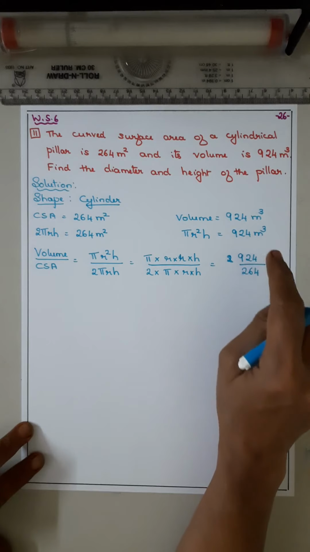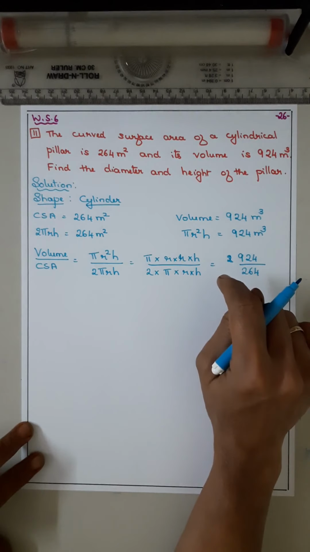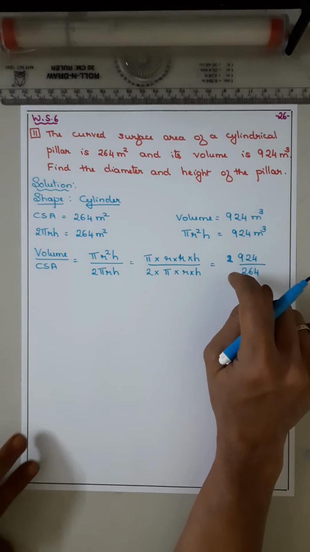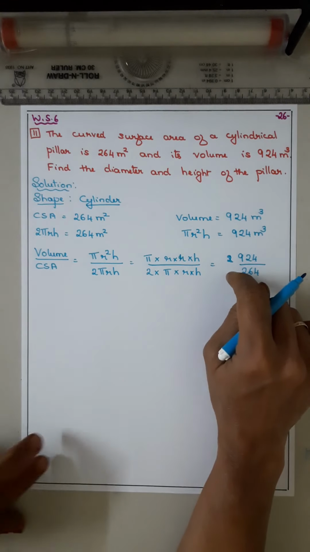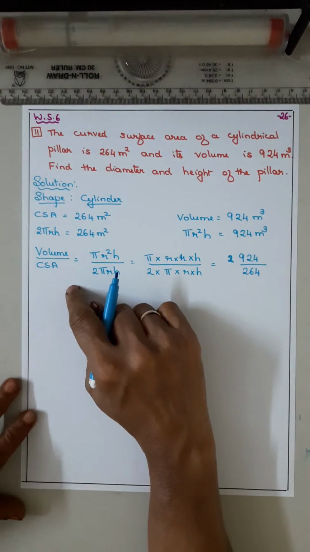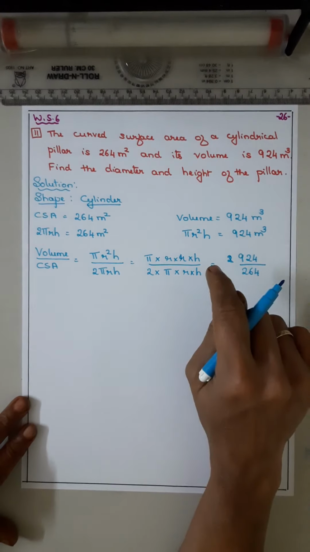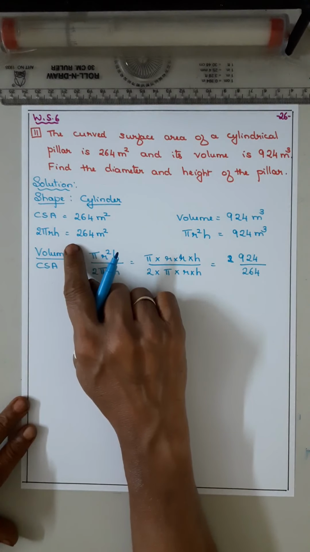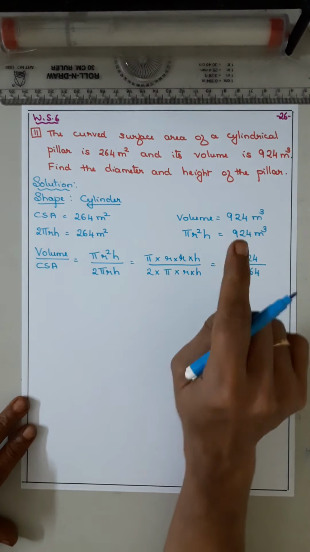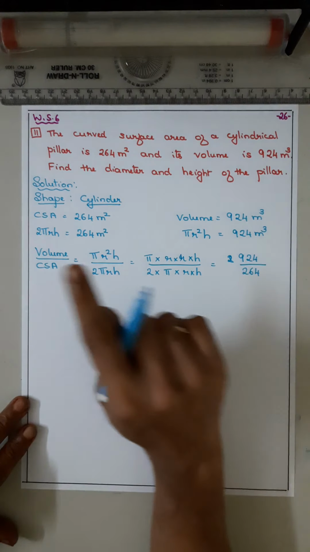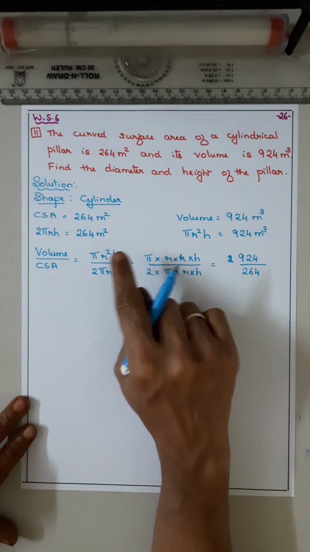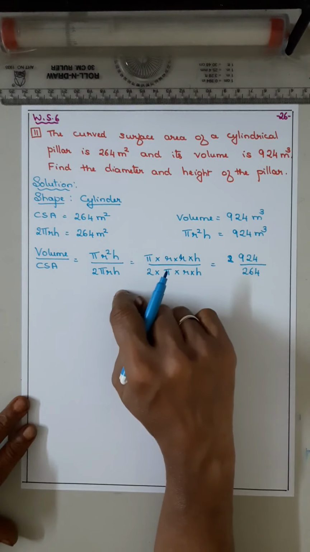Now to find out R, what we are going to do is the volume divided by CSA, because in volume it is R squared, in CSA it is R. So to find out R, we have to do volume upon CSA. So put the formula: pi r squared h upon 2 pi r h.